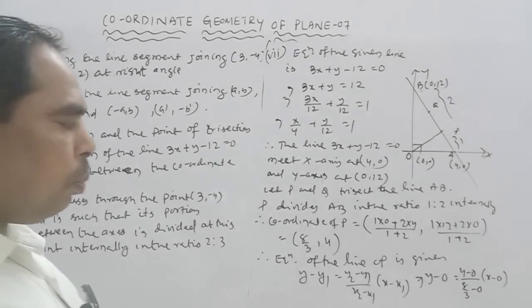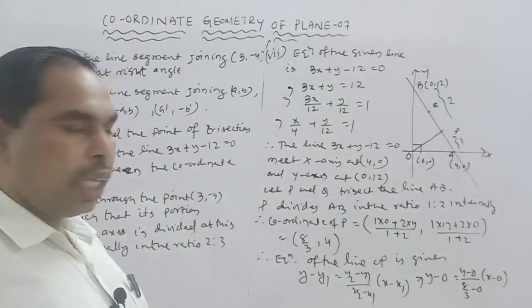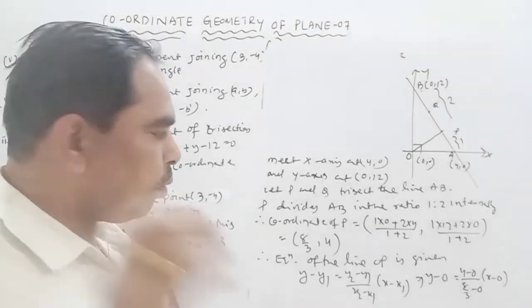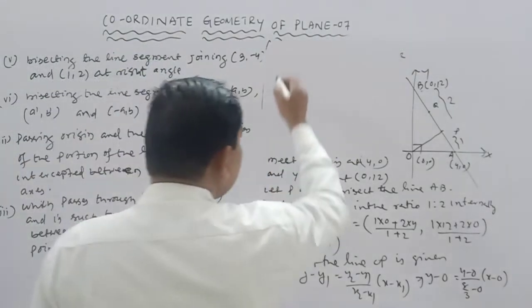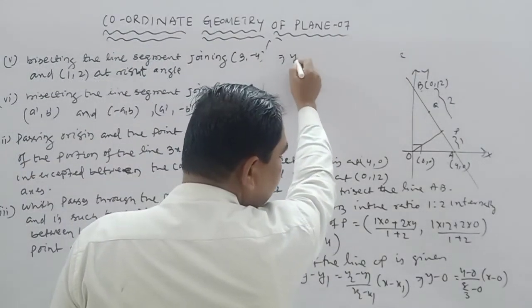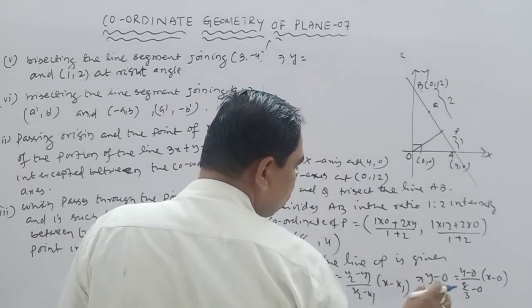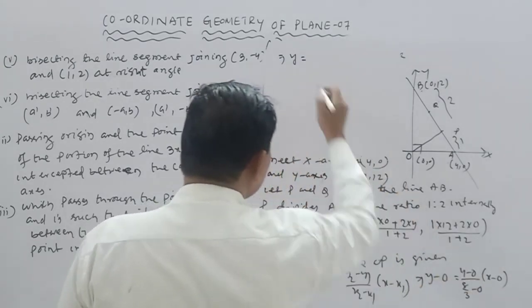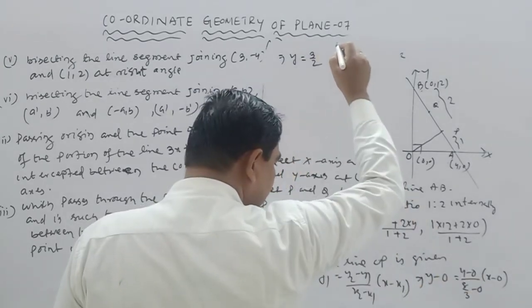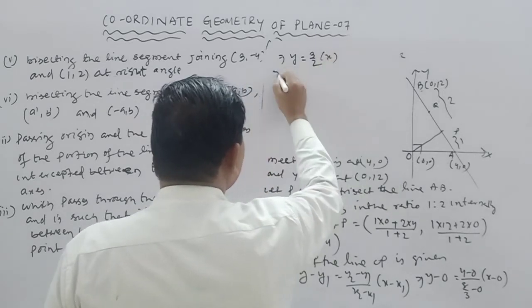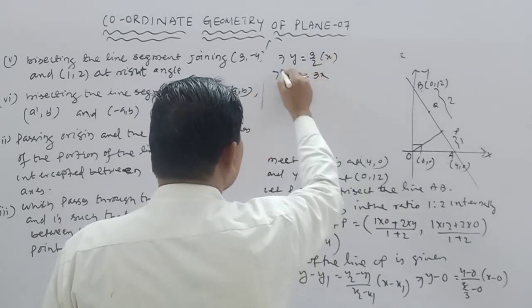Simplifying, we get the required equation of the line OP: y is equal to 3 by 2 into x, or 2y is equal to 3x. This is the equation of the straight line OP.